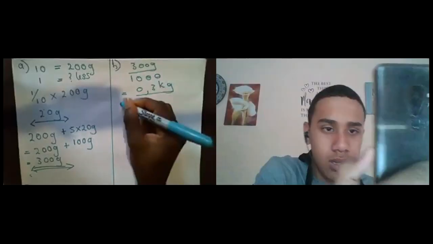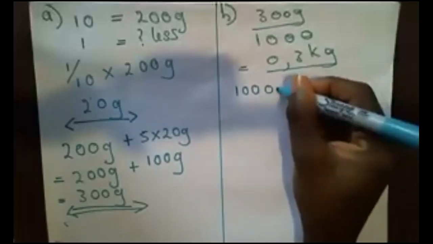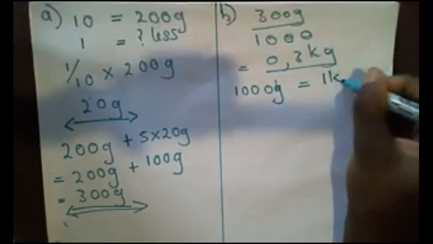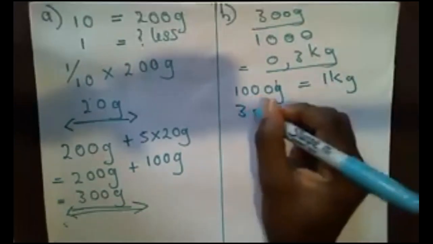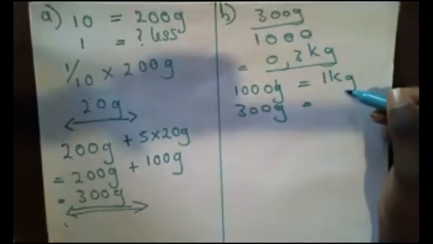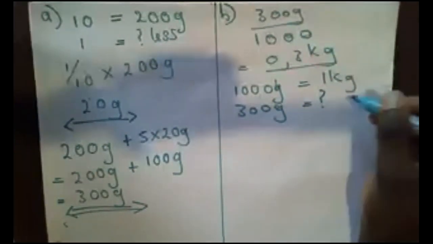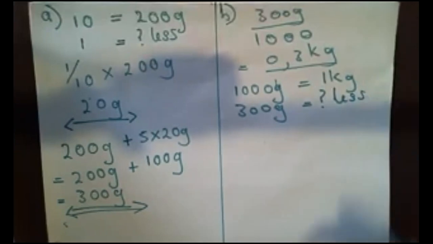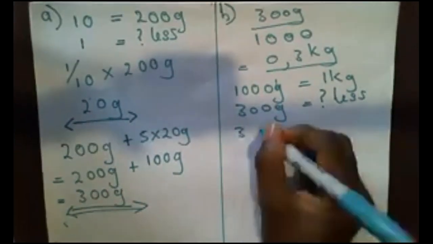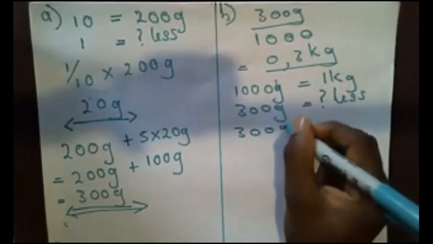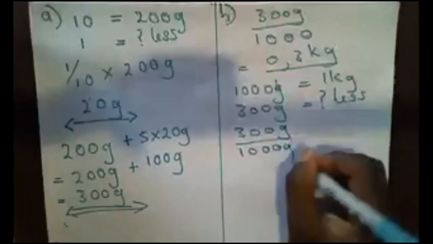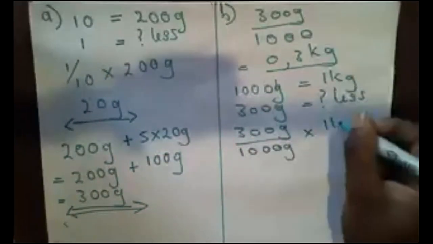But at the same time, guys, you can also use simple proportion like we have been doing. We know that 1,000 grams is equal to 1 kg. The question is, what do you do when you have 300? So you ask yourself, is it going to be less or more? Of course it is going to be less. And the rule says, if it is less, we say a smaller number over a bigger number multiplied by quantity.